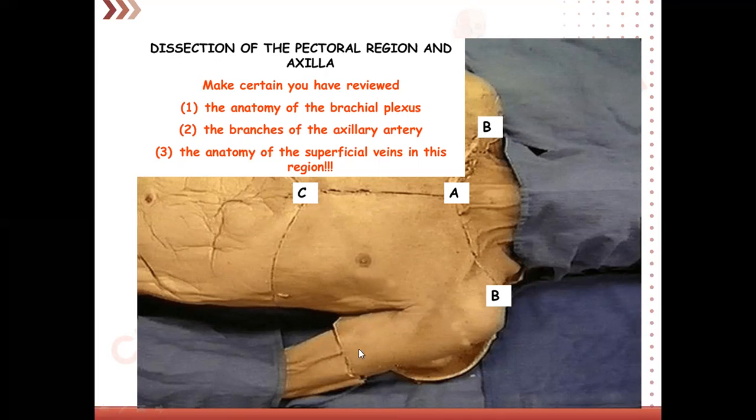Then once you reflect the skin, in the arm you have seen the incision was given almost up to the deltoid tuberosity, isn't it, that line? Once you reflect the skin, we will be able to see inside the brachial plexus, axillary artery, and also the axillary vein.